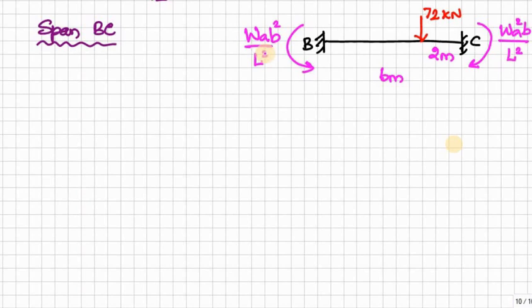Now considering span BC, this is the condition for span BC.